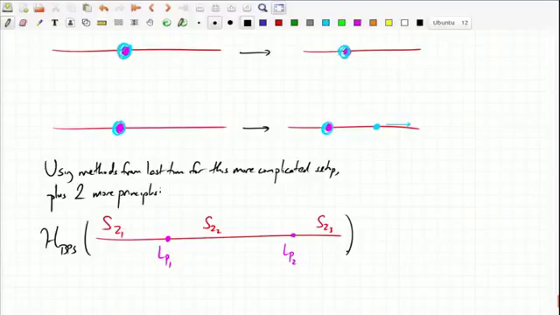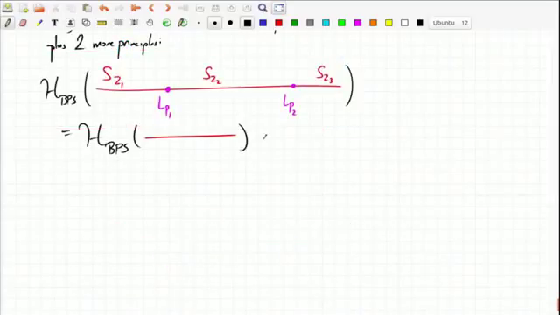So this should be just equal to the BPS states of the first one tensor the BPS states of the second one. So this is going from Z1 to Z2. This is going from Z2 to Z3.